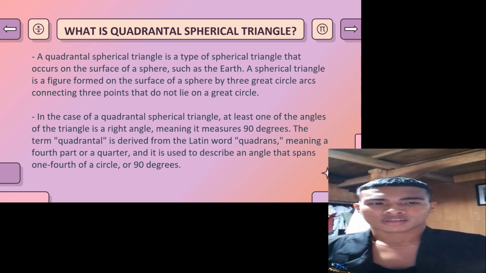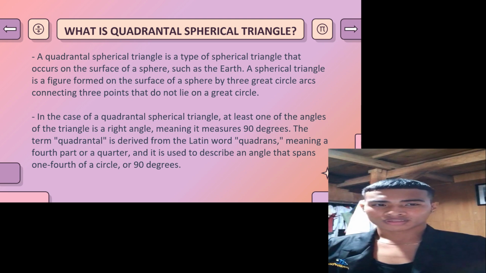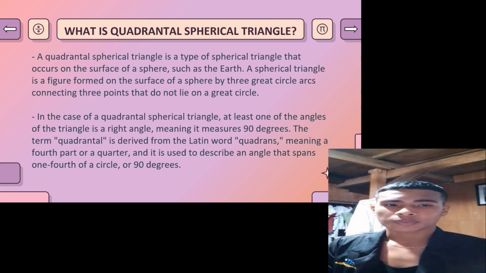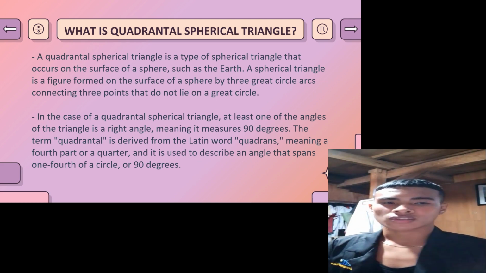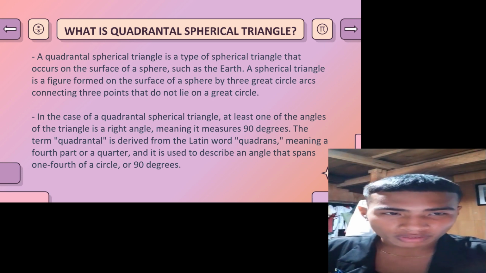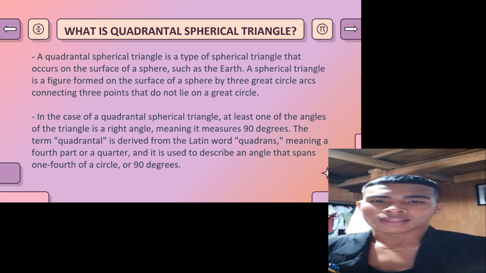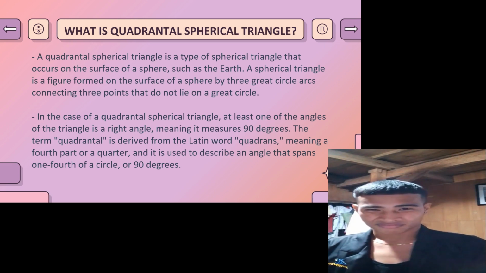What is quadrantal spherical triangle? A quadrantal spherical triangle is a type of spherical triangle that occurs on the surface of a sphere such as the Earth. A spherical triangle is a figure formed on the surface of a sphere by three great circle arcs connecting three points that do not lie on a great circle.